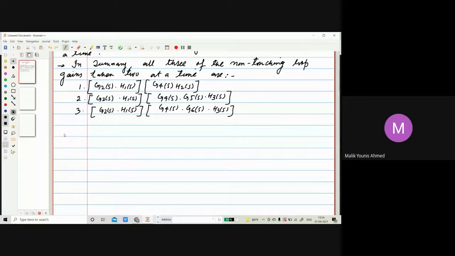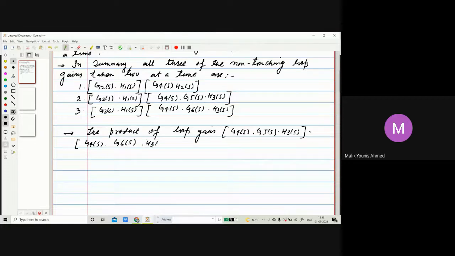So if somebody can think of this also, let me write for you, the product of loop gains G4 of S, G5 of S, H3 of S multiplied by G4 of S, G6 of S, and H3 of S. This product of loop gains is not a non-touching loop gain.